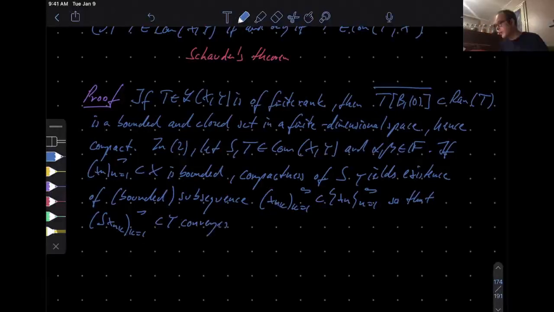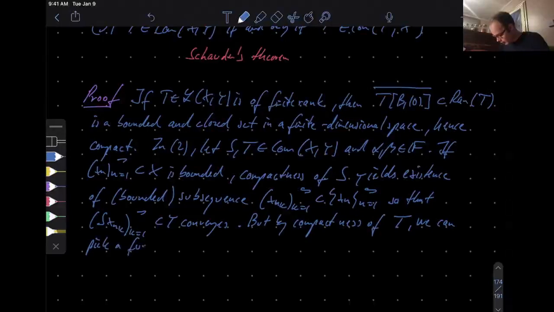That's the sequential compactness. But then moving one step further, by compactness of T, we can pick a further, again bounded subsequence.